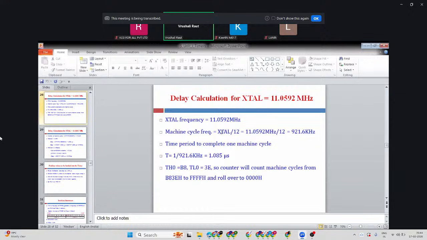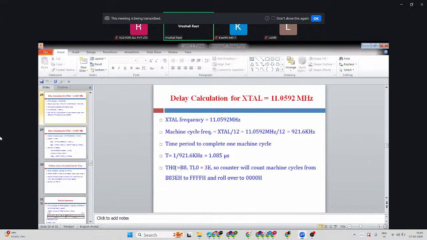This frequency XTAL divided by 12, because 12 clocks make one machine cycle, and thus our machine cycle frequency becomes 921.6 kilohertz. If this is the frequency, what is the time period of the machine cycle? It will be 1 divided by 921.6 kilohertz, which is 1.085 microsecond. Is it right? So these are the basic calculations.